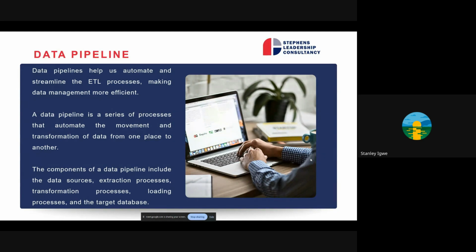But every time you want to do it, especially if you are working with daily data or real-time data, you always have to be the one to go there and manually click run. So you have a data pipeline that helps you automate this process from the ingestion of the data to the last point before you visualize it in maybe Power BI, Tableau, Looker, depending on what you're using as a data analyst.